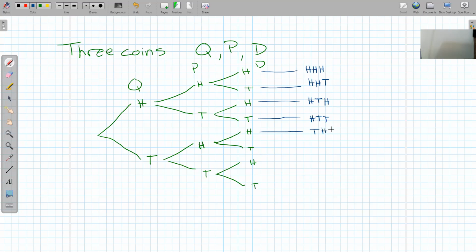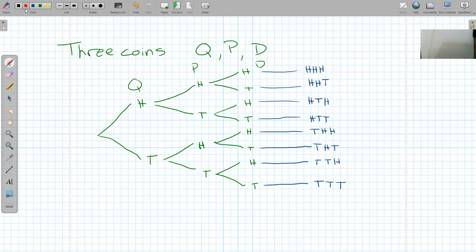Tail, head, head. Tail, head, tail. Tail, tail, head. Tail, tail, tail. So I have 1, 2, 3, 4, 5, 6, 7, 8 outcomes.